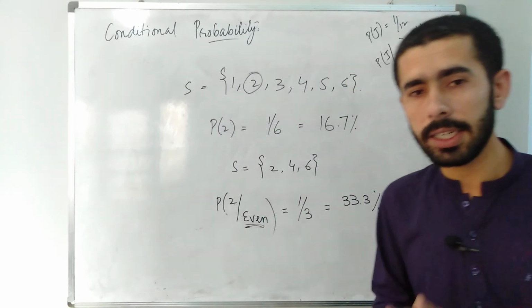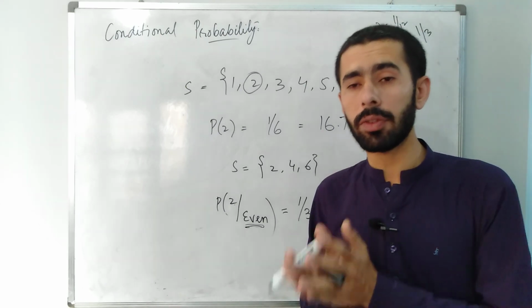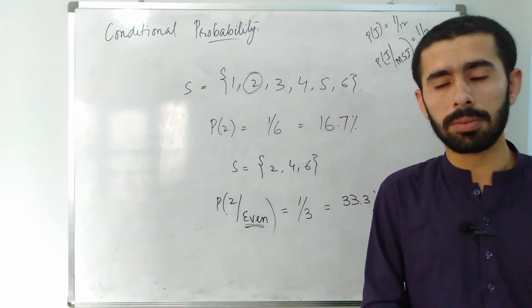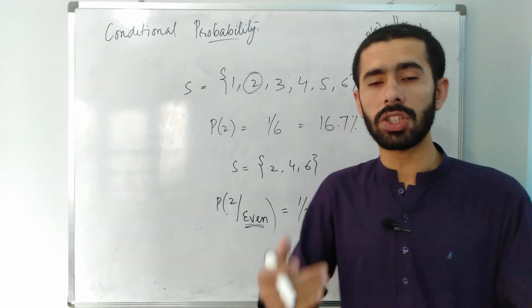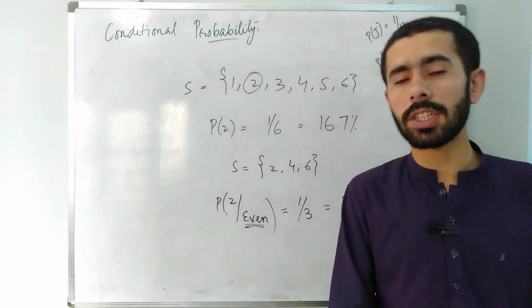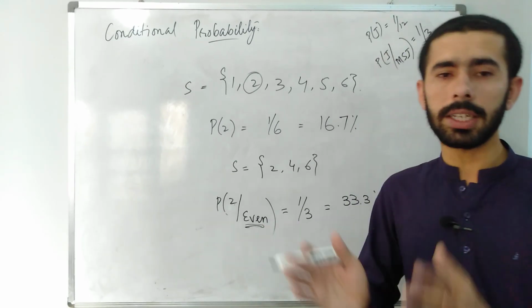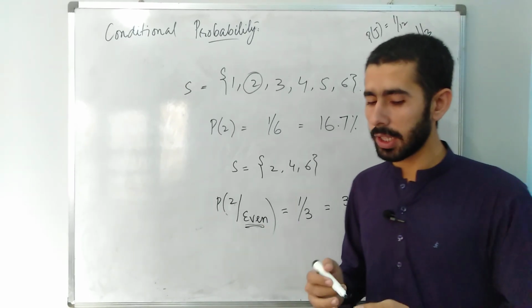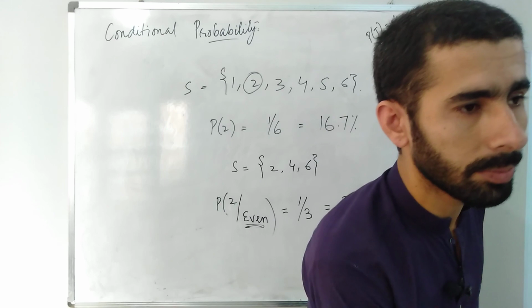So when related information is available and that information updates our sample space, our evidence, and improves the probability, we call it the conditional probability for that certain event.